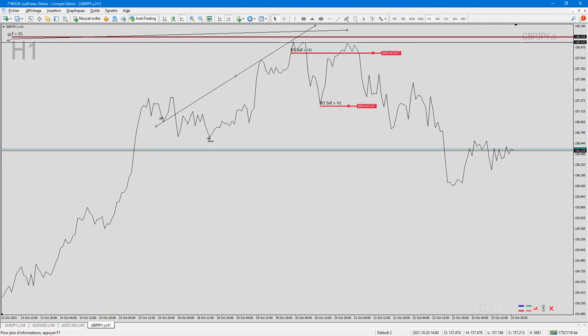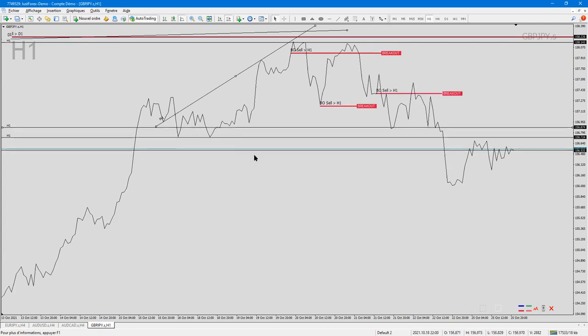And you can see this previous support, and there was a breakout buy on this level. So M15, look for confluence.